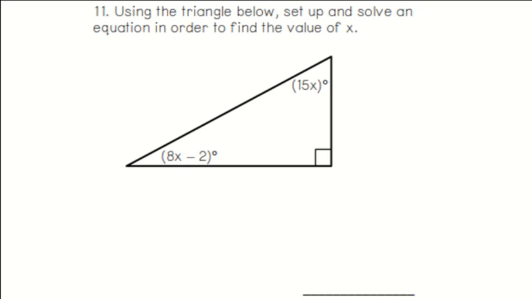Everything's on the inside of the triangle. We don't have any outside angles. So what do all those angles add up to? 180.